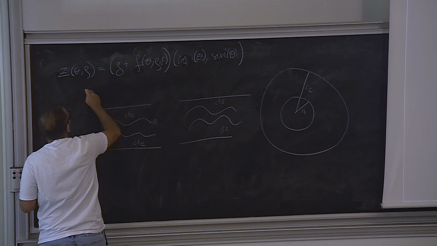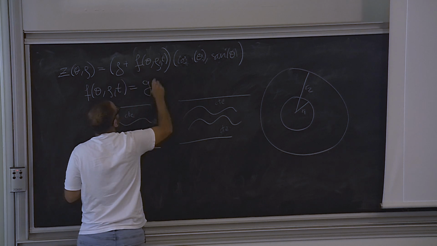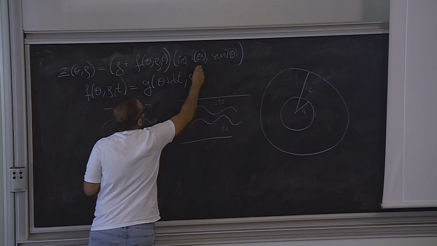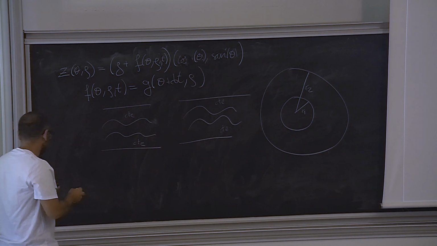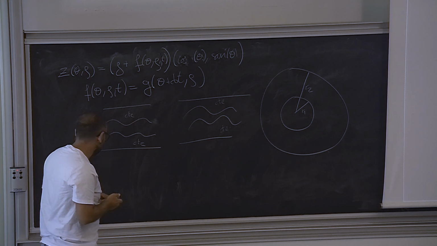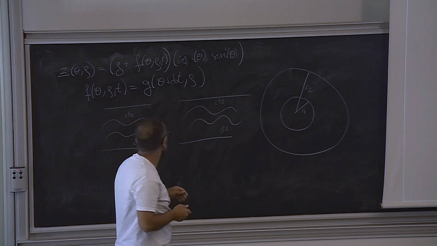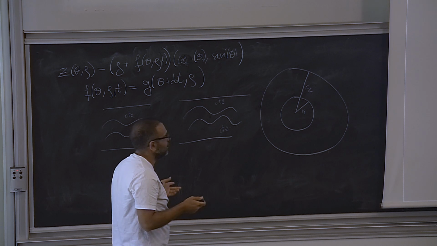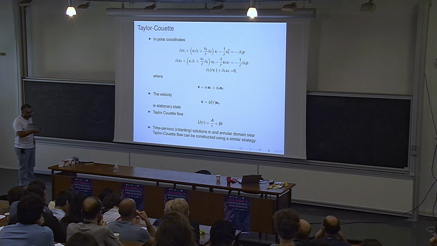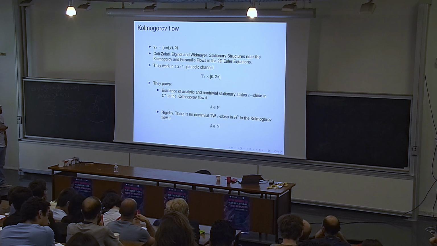And in this setting, if you take this function to be something like that, well, you obtain a similar equation, but now for g. And you can use a similar property in order to get a traveling wave close to this Taylor-Couette flow. Okay, the strategy is kind of the same as for the previous case.